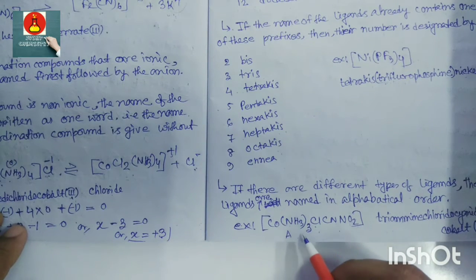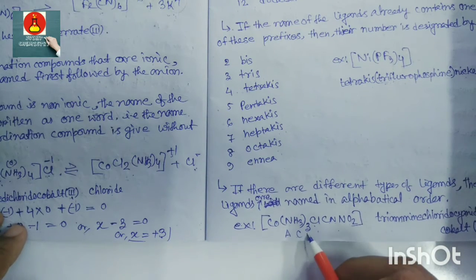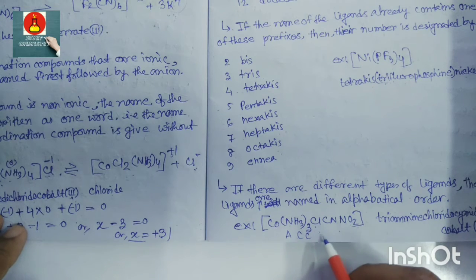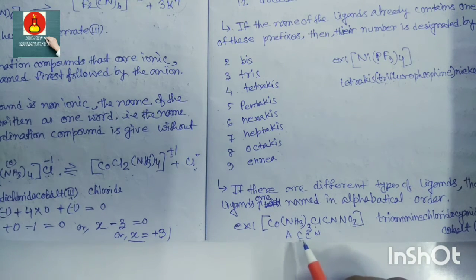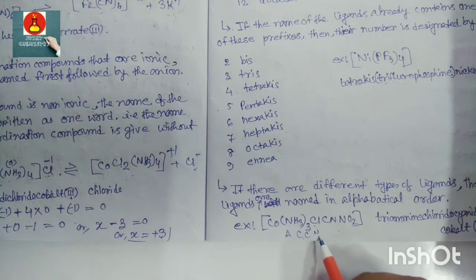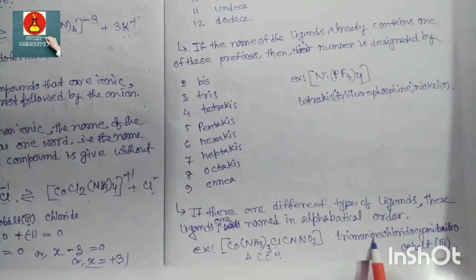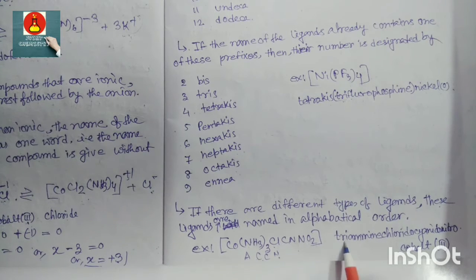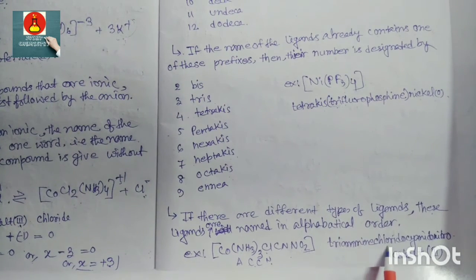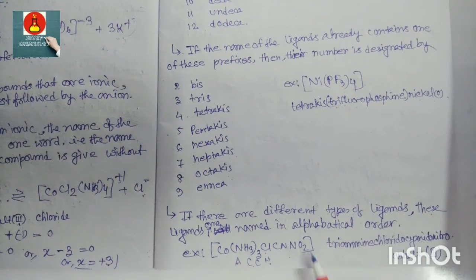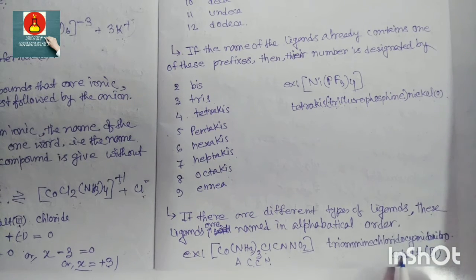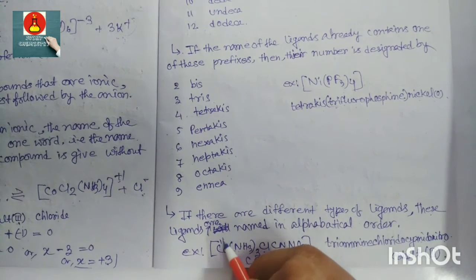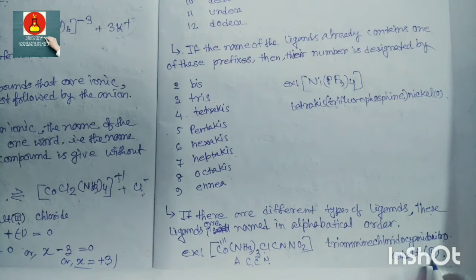This chlorine starts with C, cyanide also starts with C, and nitro starts with N. So in alphabetical order, A comes first, then C, then N. We will do their names in alphabetical order. So the name is triammine because there are 3 ammonia. So triammine, then chlorido, 1 chlorine, that's why chlorido, then cyanido, then nitro. After that cobalt, then it's 3 because the charge of this cobalt is 3, that's why 3.